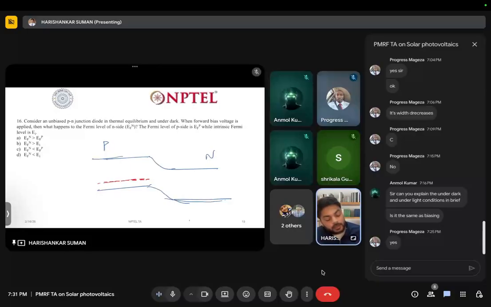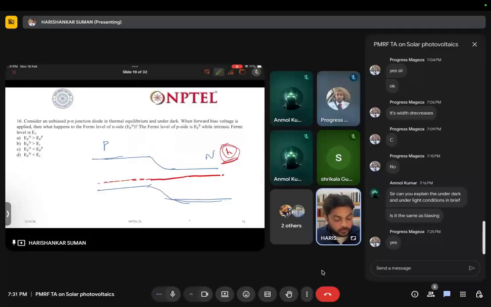On the n side, holes are very less. Where will the Fermi level be? Above the mid gap, let's say here.